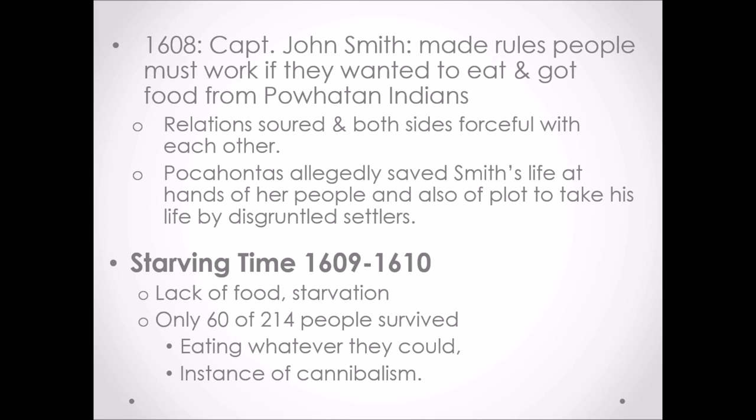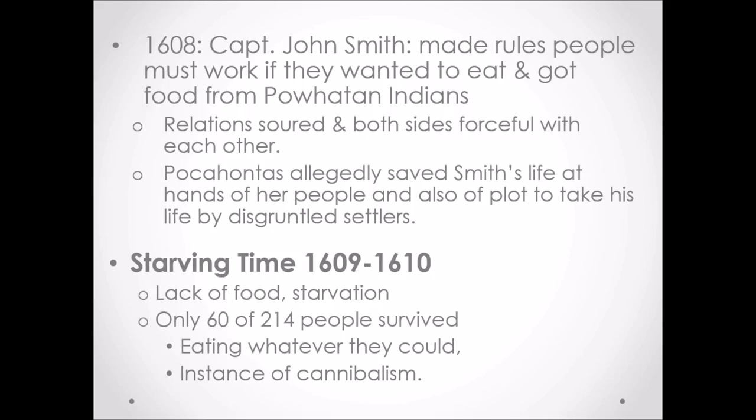So the year goes by, I guess the winter goes by, and they're running into issues. If it wasn't for the leadership of Captain John Smith, it's possible that this colony might not have actually made it. One thing John Smith is known for in particular is that he is a bit of a hard case. He establishes rules in the colony that people must work if they want to be able to eat.